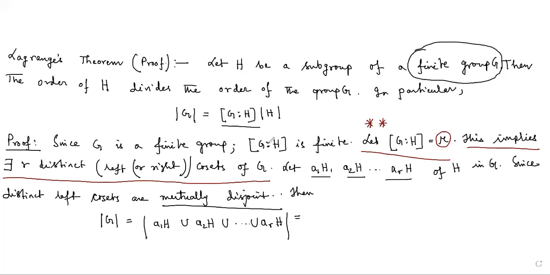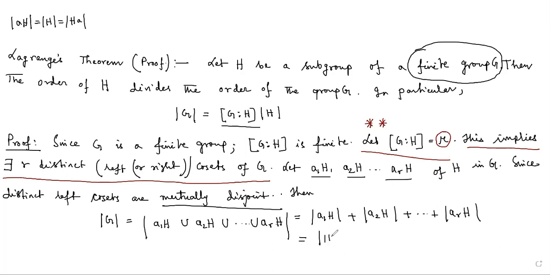But since they are mutually disjoint, the cardinality of this union will be the sum of their individual cardinalities. We also know, from an earlier theorem which I stated in my last class, that the cardinality of AH, the cardinality of H and the cardinality of HA are actually the same. So all the AiH can be replaced by H.